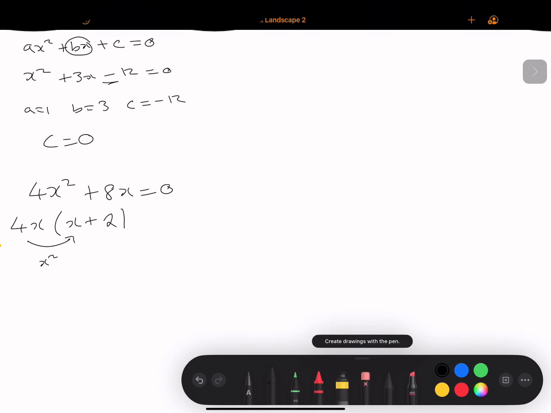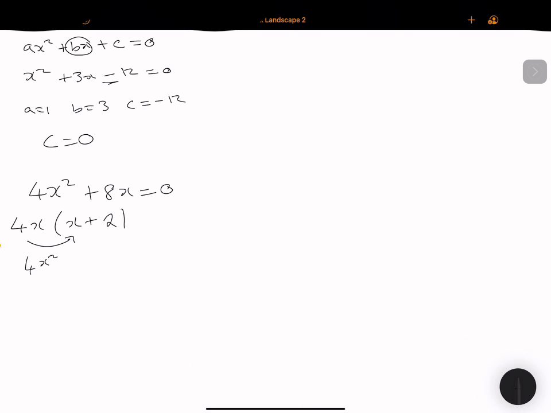4x squared, and then 4x times 2 equals plus 8x, which is as seen above. Okay, so we've got 4x, x plus 2 equals 0. Now how do we solve this? You can divide these.